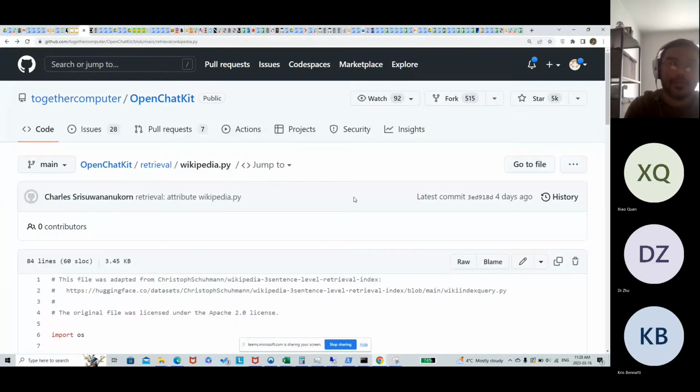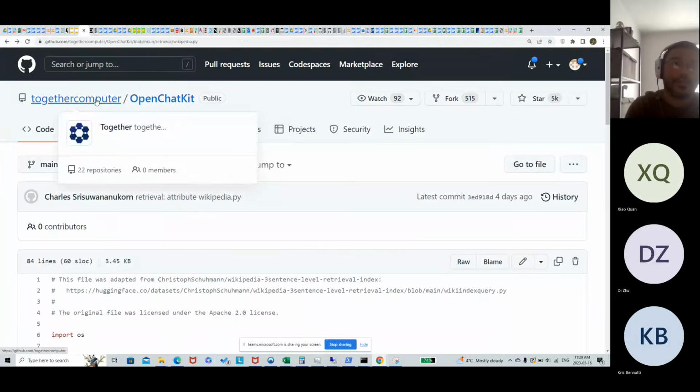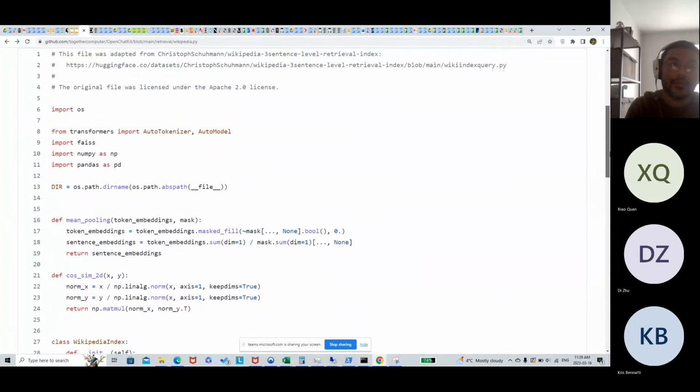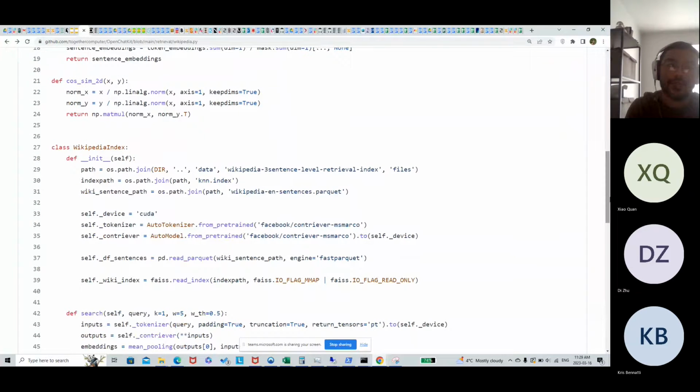So I want to show you a very quick retrieval example. You can look at OpenChatKit here, and what they do is they take a Wikipedia index. This is basically embeddings of Wikipedia taken 3 sentences at a time.